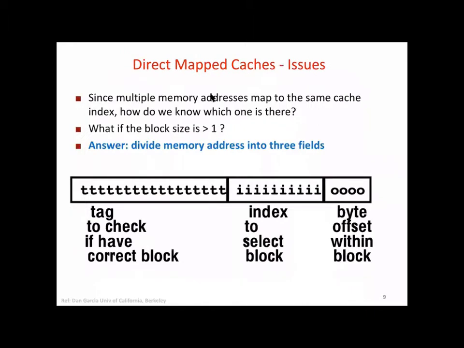Then we have seen this is the main address that comes from the processor, the CPU. And this part here, which is the index, gives us the location in the cache, or the index in the cache, where the block is residing.